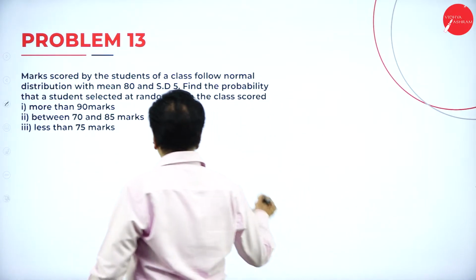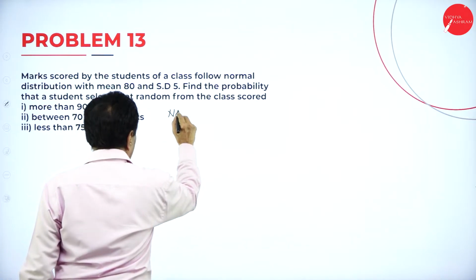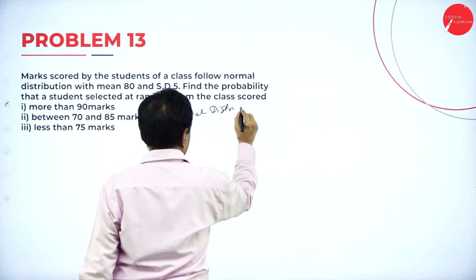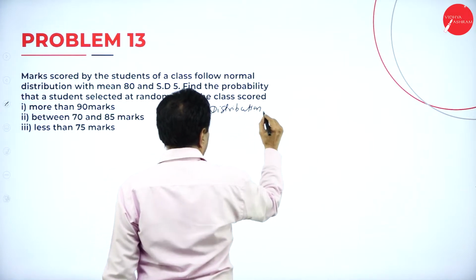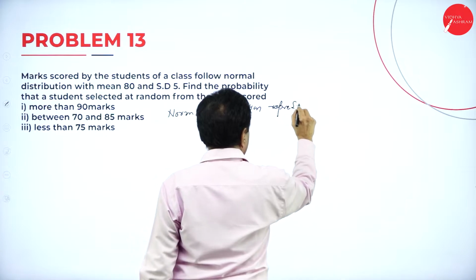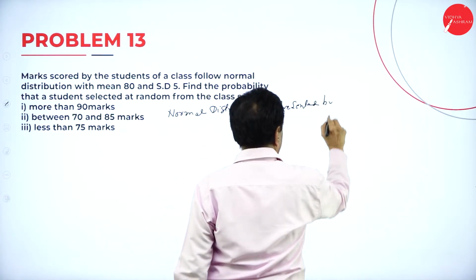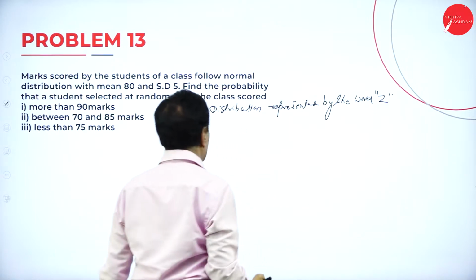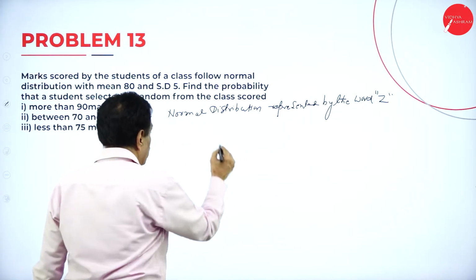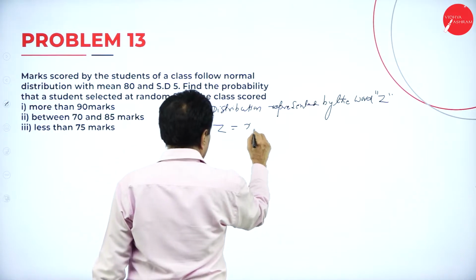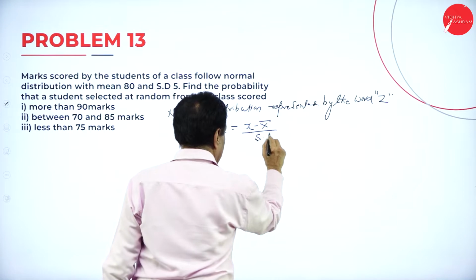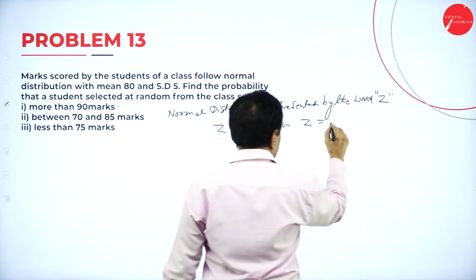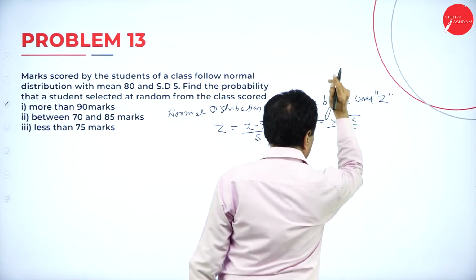So normal distribution, ND we say, is represented by the letter Z. The formula is Z is equal to X minus X mean divided by standard deviation.